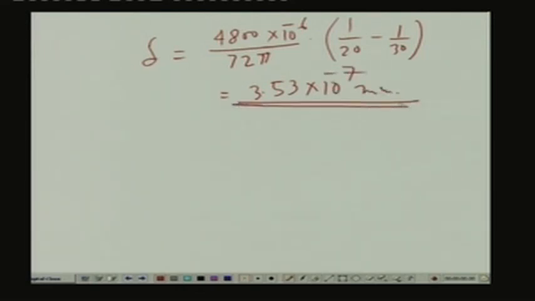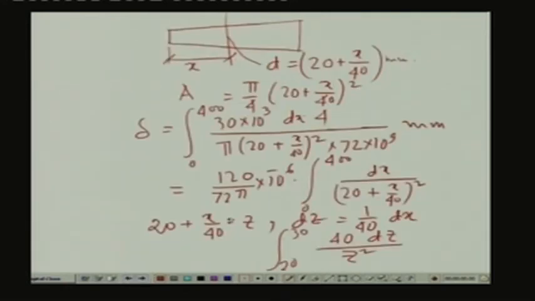So, this is the value of the delta which we get. This is the computation for the value of the delta for the varying diameter.